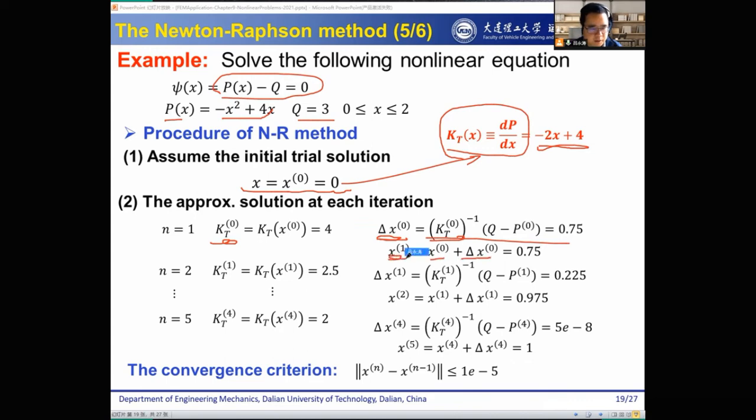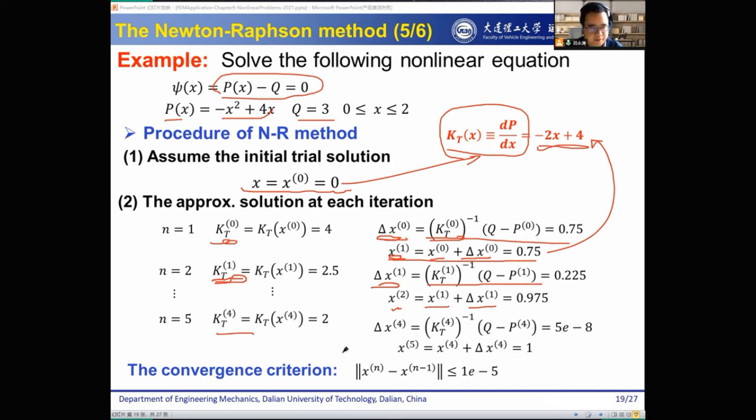Then we keep doing the iteration. For the second iteration, we put the value of x1 into the equation, and we get k1. Then we use the same equation to get delta x1, and using x1 and delta x1, we get x2.